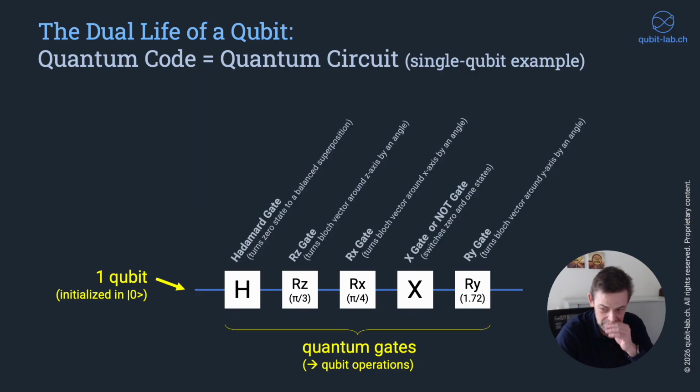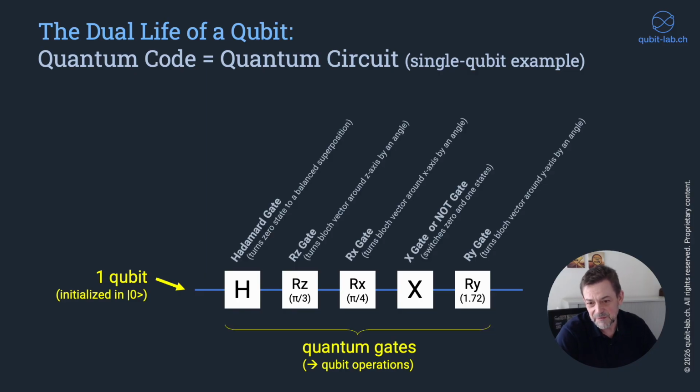The details of these gates we don't need to understand in depth. It's just for your information. A Hadamard gate moves a qubit which is in 0 state into a balanced superposition, which is 50% 1, 50% 0.